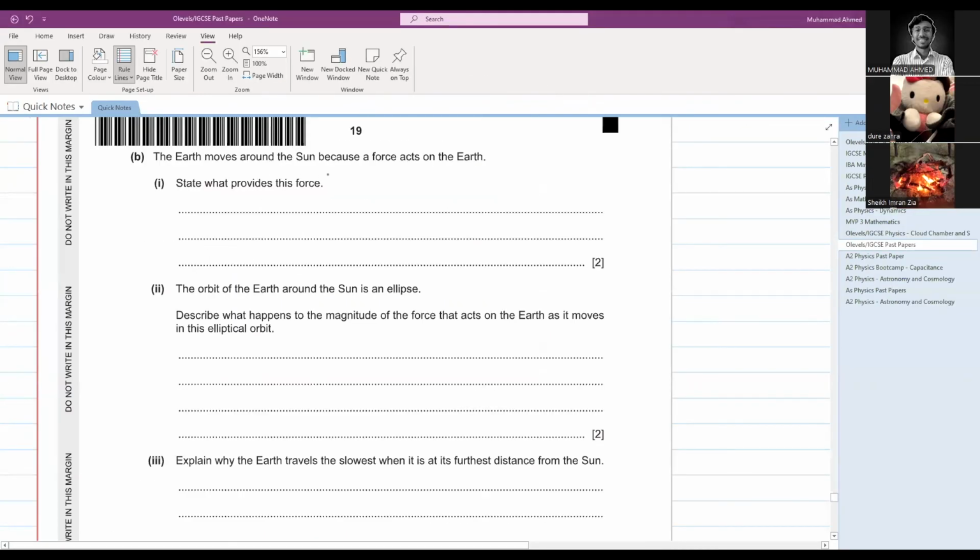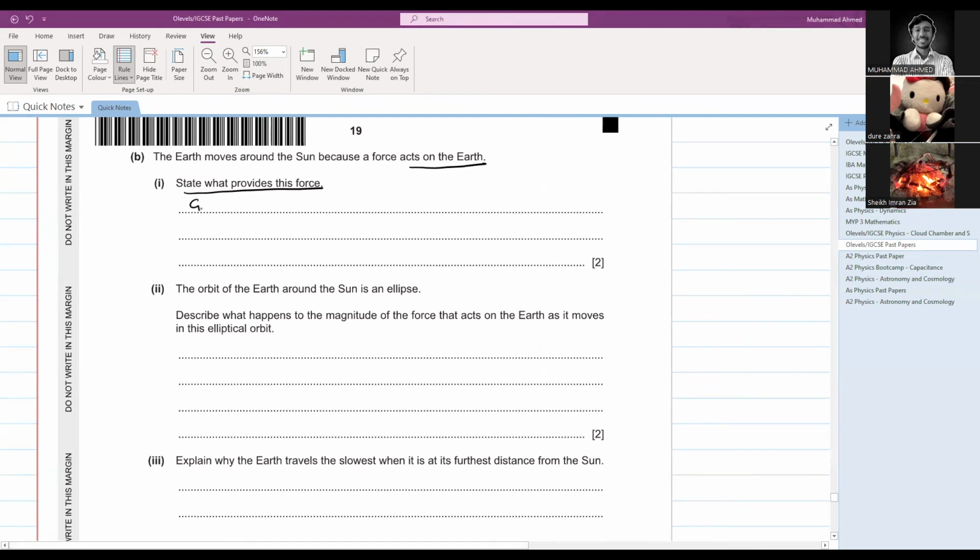Earth moves around the sun because a force acts on the earth. Perfect. State what provides this force. The earth rotates around the sun.